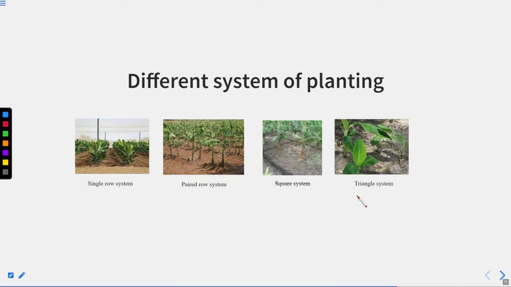So here you can see the different types of planting systems. Single row system, here you can see the rows are single, and here you can see the paired row system, two plants in a single row very close by, and square system here, 1 2 3 4, this is the square system, and in between we can plant another tree, right?